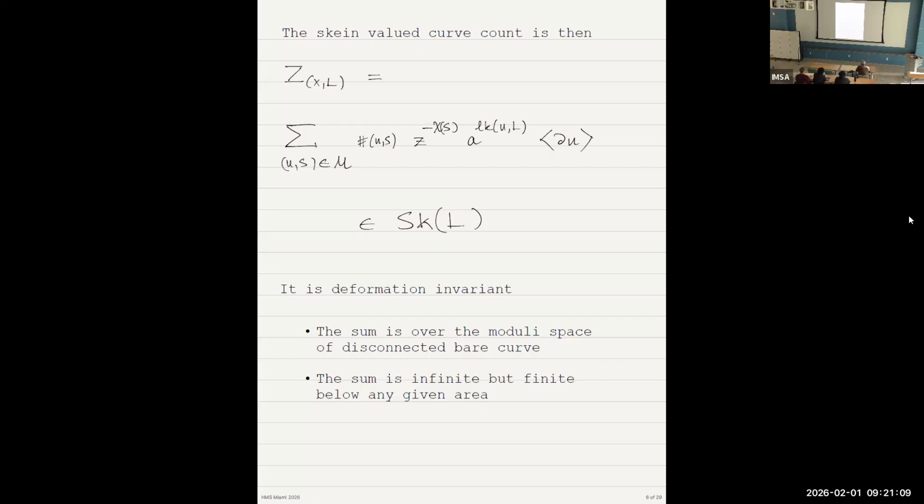Okay, also the sum looks a little bit horrible, and of course there are infinitely many curves, but it's not that bad because, as always with these curve counts, you can filter by area. So below any given area, you have a finite number of curves. So it's infinite, but it's not really.